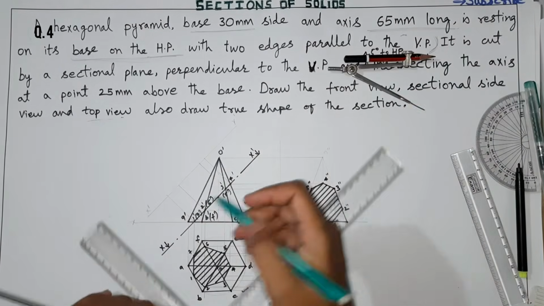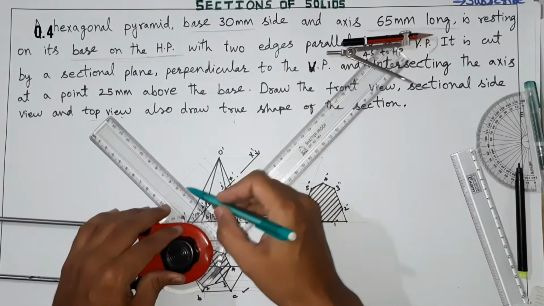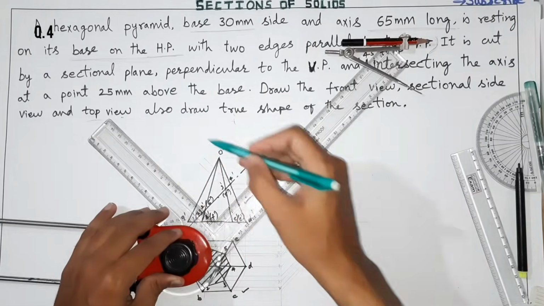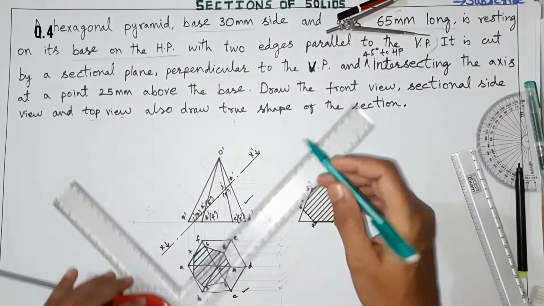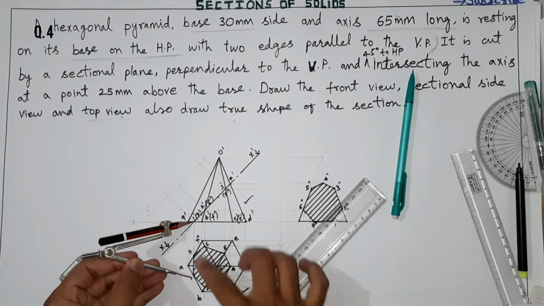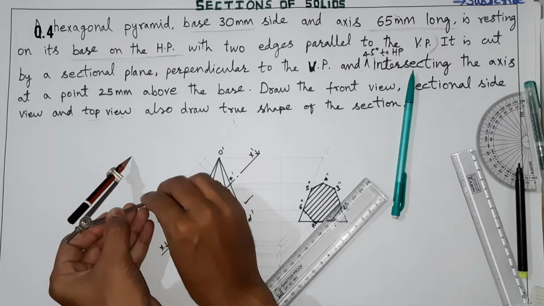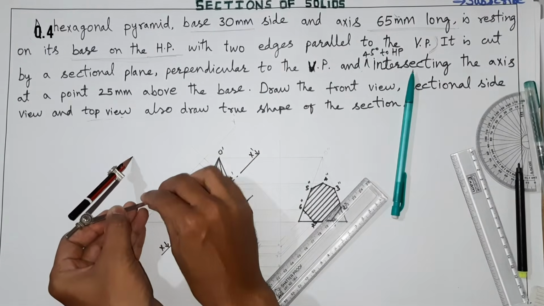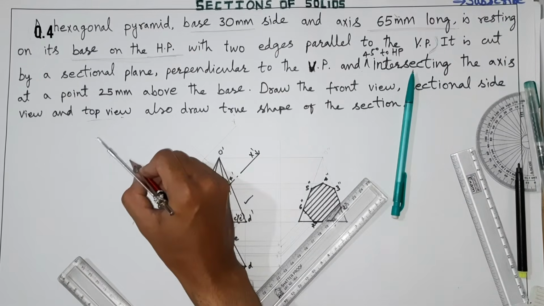Further I will extend this line. This point 1 we have measured from the old xy line to here, and we will transfer from here. This is your point number 1. Somewhere here the point 1 comes.